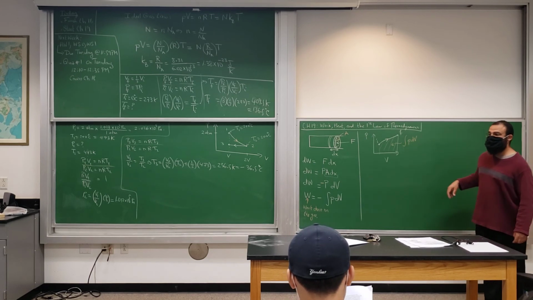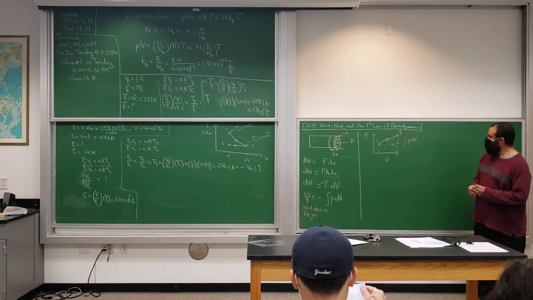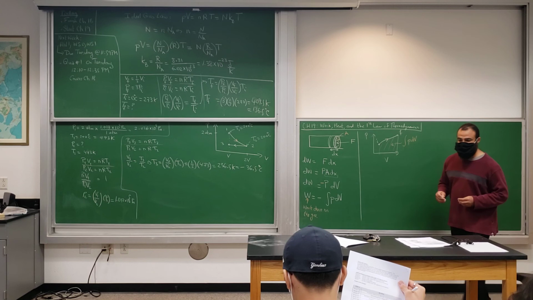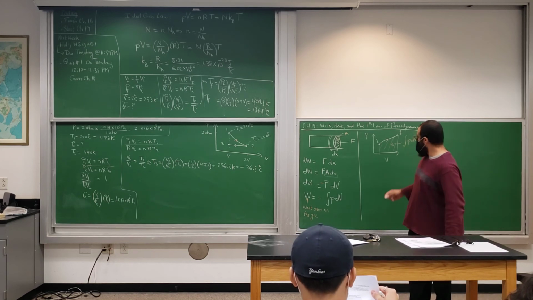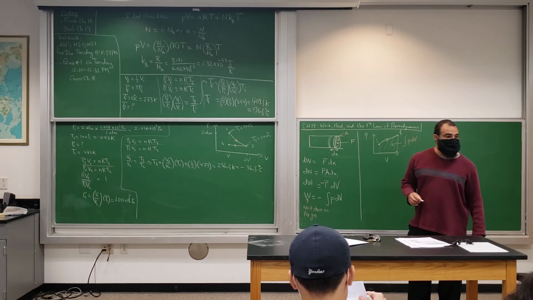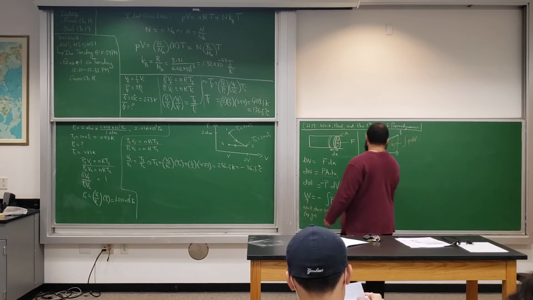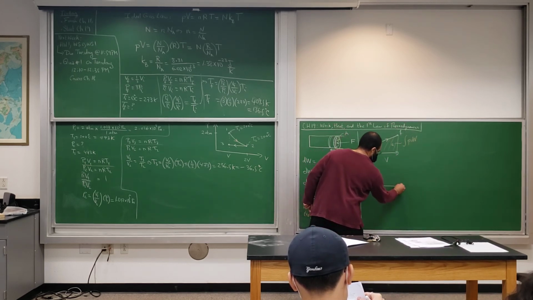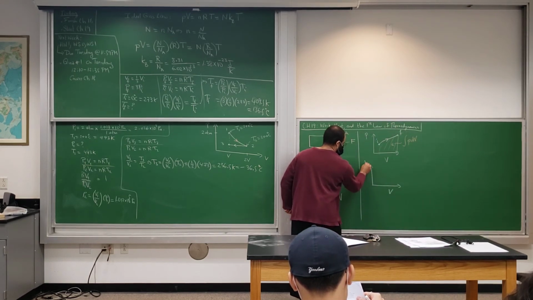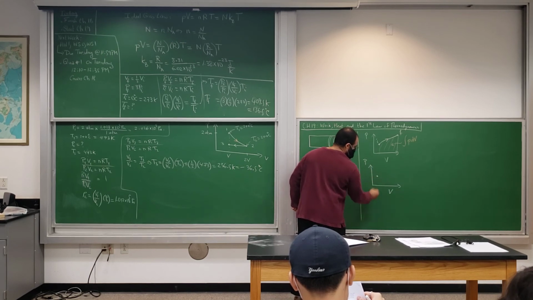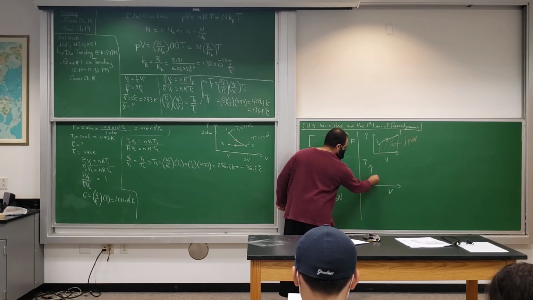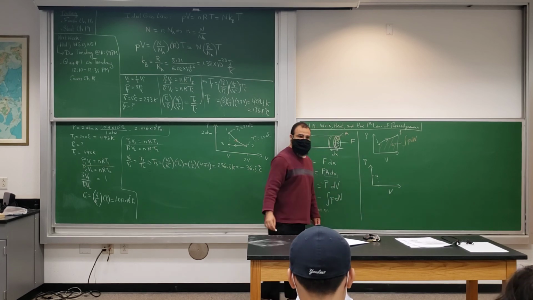That's good. We have some time. Notice the work done depends on the path you take. If I tell you this, here is V, and here is P. Here, the gas initially had some pressure, and it had some volume.